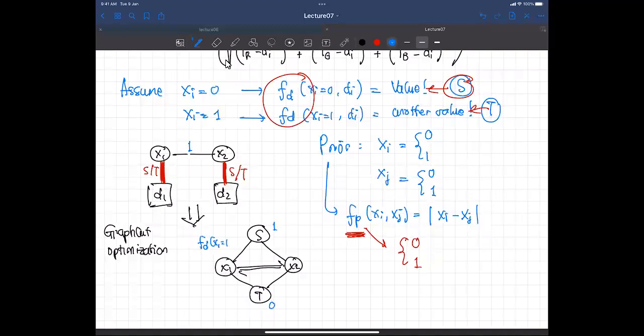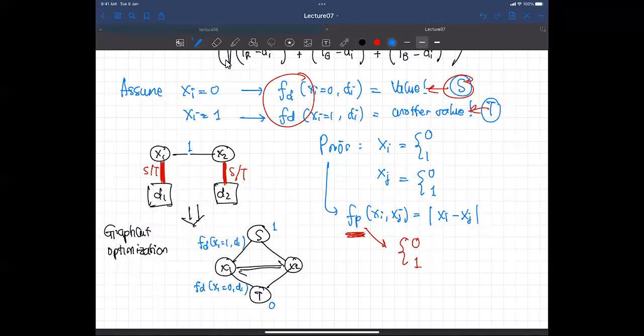So x1 is assumed to be 1, given d1. So the bottom one, ft(x1) equal to 0, d1. That's the value that you put there.